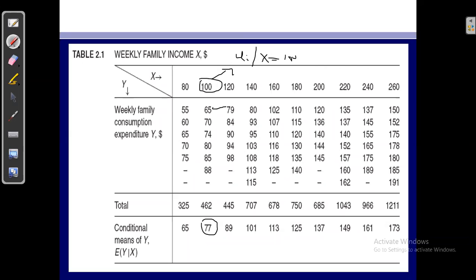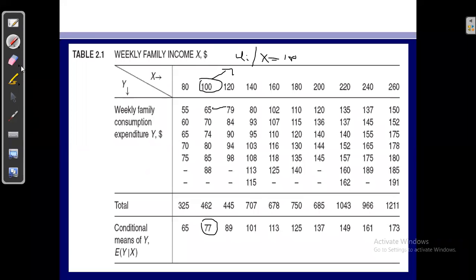So ui given x equal to 100 would be obtained if you replace these 6 numbers by the numeric values of the disturbance term, okay? And as I have said, how can you get the numeric values of the disturbance term? By obtaining the difference of all these 6 numbers from 77. And if you obtain the mean of all those 6 values of the disturbance term, then the assumption says that it should be equal to 0.